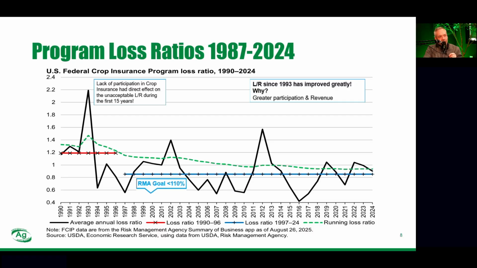And so what that is causing the government to do is look at rating these products and potentially making them rated a little more favorably to maintain that long-term goal of a loss ratio of about 110%.